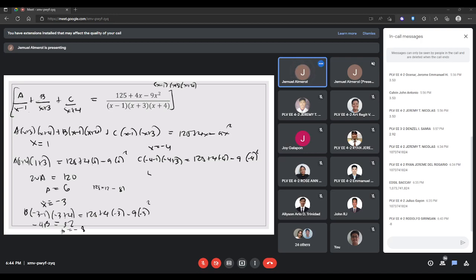So, 5c equal to 125 minus 16 times 9, yan yun, 144, tama? Okay. 160 minus 25. Negative 160 plus 125 is negative 35. Therefore, your c is negative 7.